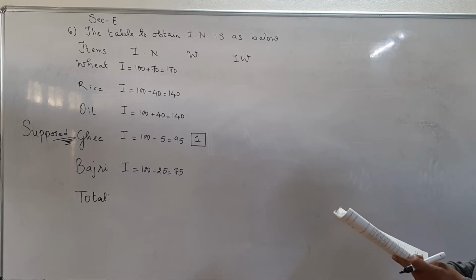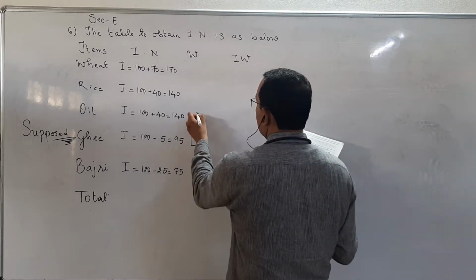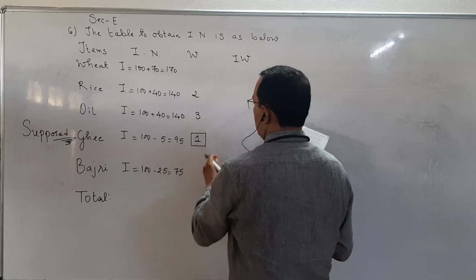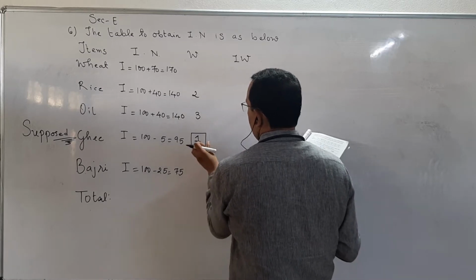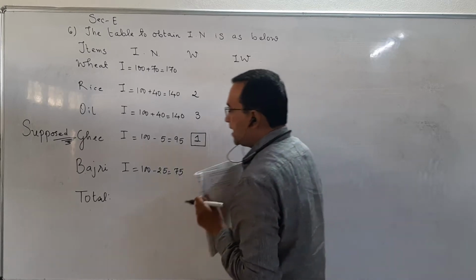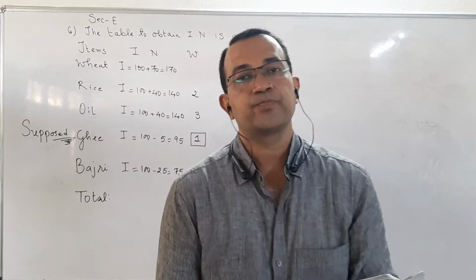So if the importance of oil is 3 times and rice is double that of ghee, oil 3 times of 1 is 3 into 1 and rice is double that of ghee, so 2 into 1. Even you can take this as 10, you can take this as 100, you can take it as x, you can take any value, students, but the easiest of all will be 1.